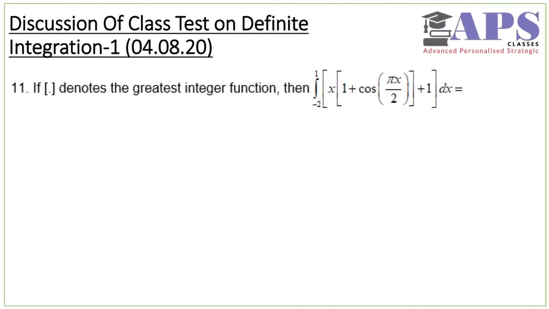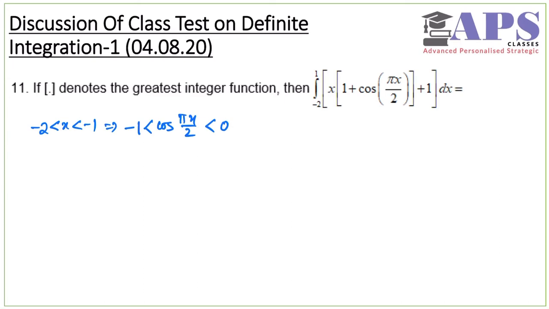In question number 11, we check this 1 plus cos of pi x by 2. If I take minus 2 less than x less than minus 1, in that interval, our 1 plus cos of pi x by 2 will lie between, first we check cos of pi x by 2, it will lie between, if I put minus 2, that is cos of minus pi, cos of minus pi is minus 1, and cos of minus pi by 2 is 0.